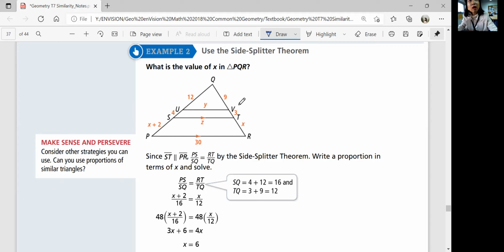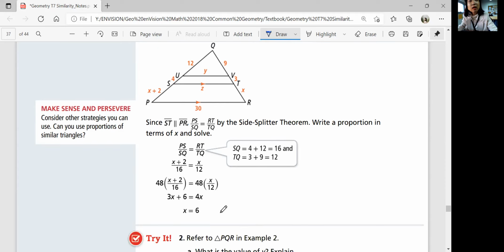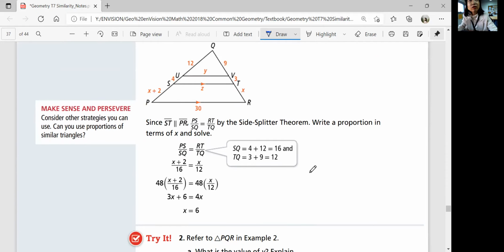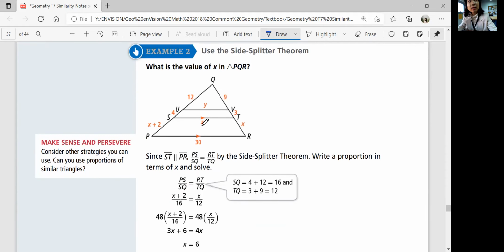So then write the information that we know and solve for x, and you can figure it out. Okay, let's see if you can try number 2, part A and B for Y and Z. Can you figure out Y and Z here, the length of the parallel lines?